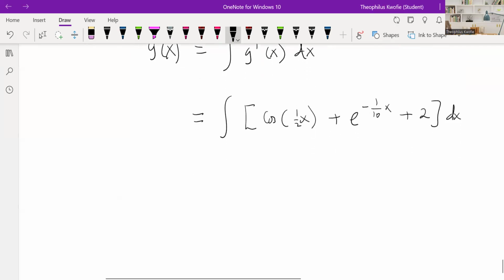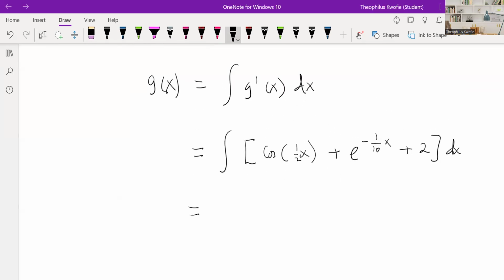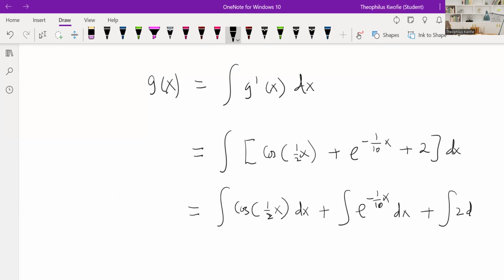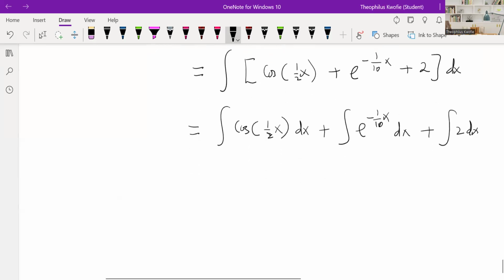Now by the linearity property, we just distribute.